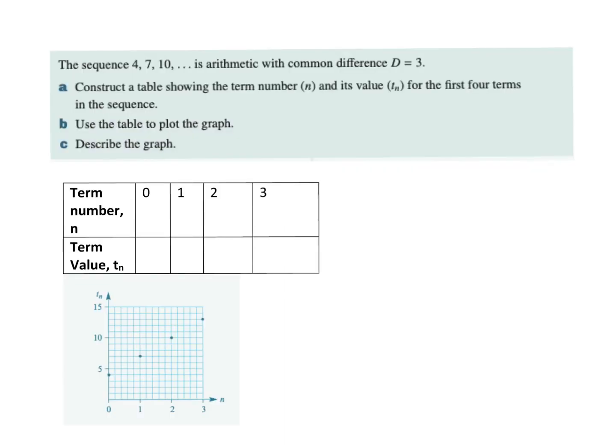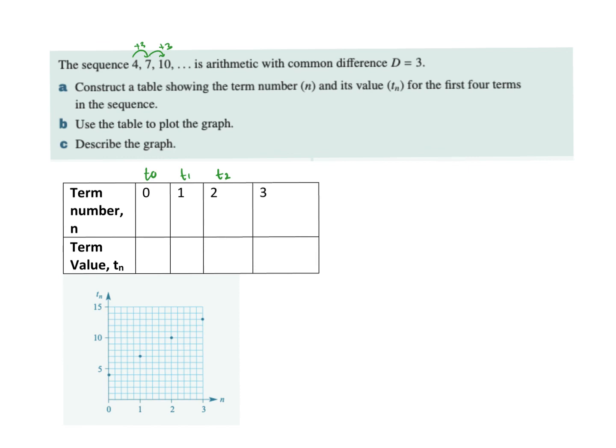Okay, so here we've got a sequence. It says 4, 7, 10, and it's an arithmetic sequence with a common difference of 3. You can see that we're adding 3 each time. It says construct a table showing the term number. So this is T0, this is T1, T2, and so on.